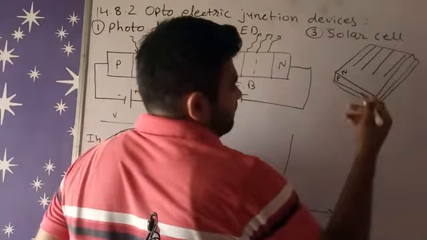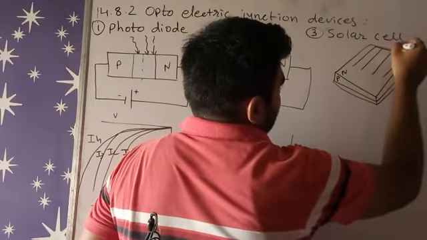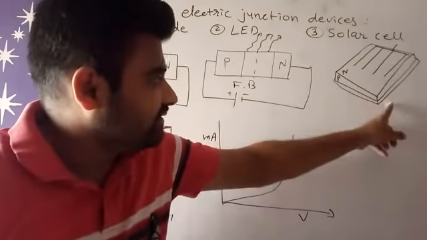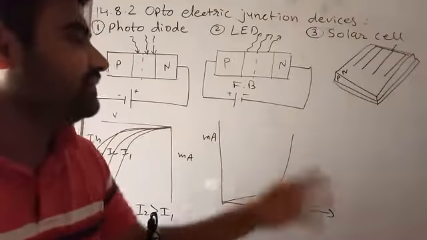These strips are made of metal, and all are connected together. So this is the front end and this is the back end. The front end and back end should connect with each other.